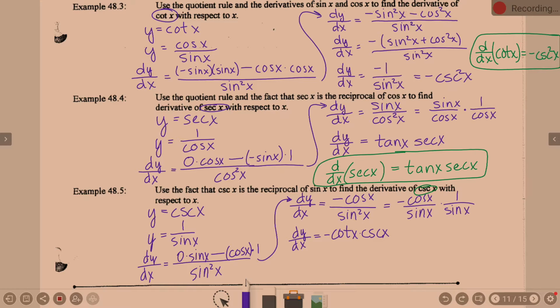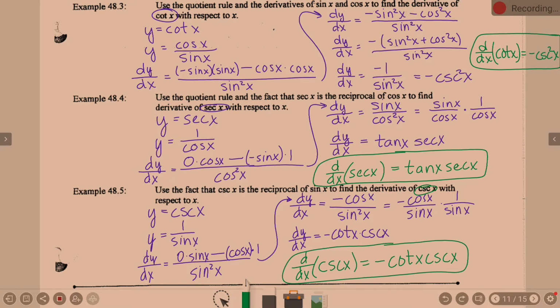Okay. So, summary statement here. d dx, the derivative of cosecant x, is negative cotangent x cosecant x. Are you seeing some trends as you went along this page?